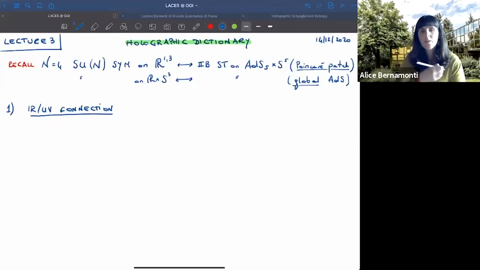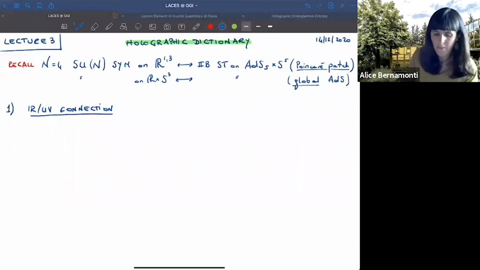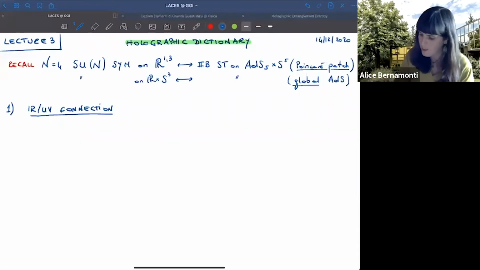Now we would like to see the other direction, that is, how we can interpret this extra dimension from the quantum field theory point of view. Essentially, we have already seen what the answer is when we took the low energy limit of the two perspectives on D3 branes.